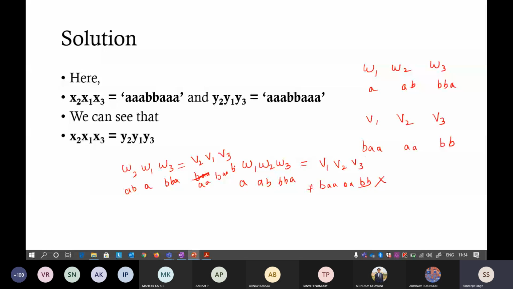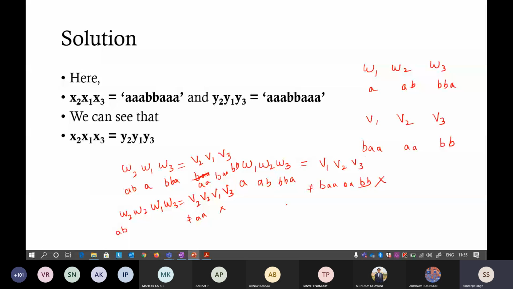Again you check, the strings are not equal. You can also try W2, W2, W1, and W3, with the corresponding sequence 2 2 1 3. If you check, W2 is AB, but V2 is AA, so the strings are not equal.